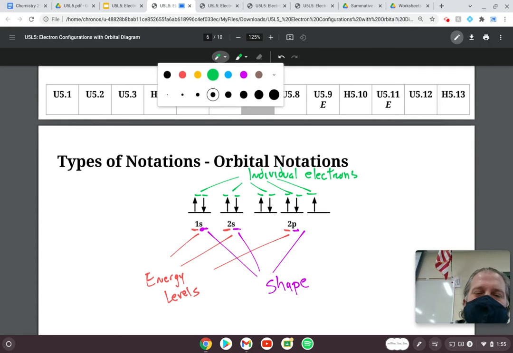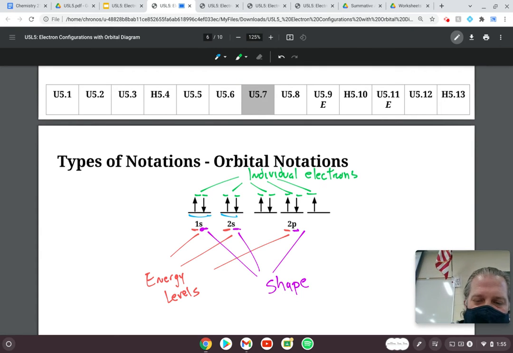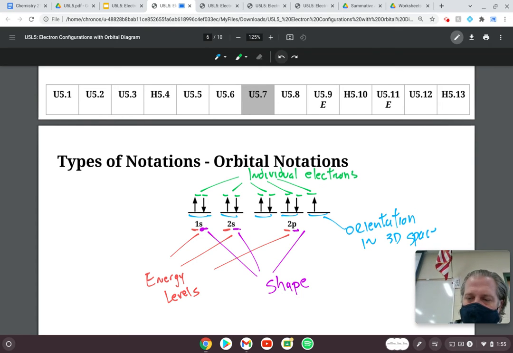And the major thing that's different here is these dashes, and the dashes are orientation in three-dimensional space. Both orbital notation and electron configuration are ways that we can communicate where electrons are located around the nucleus of an atom.